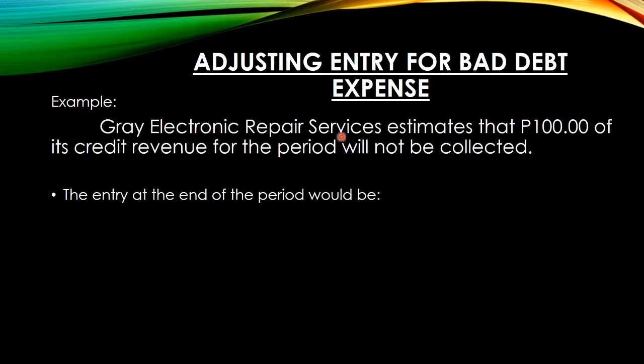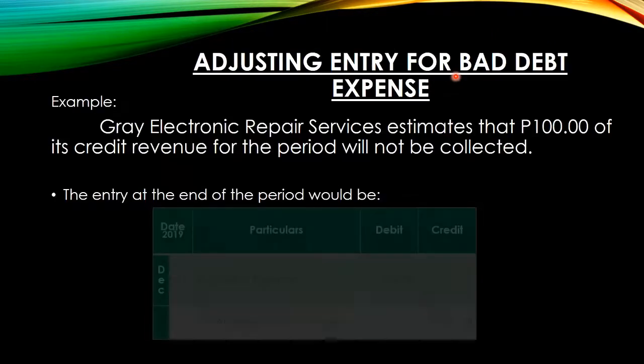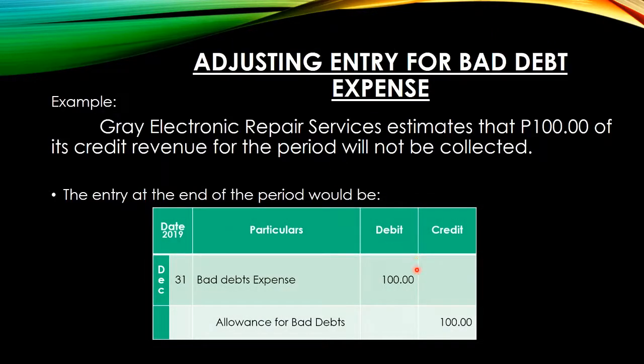So there's no need, okay, for you to compute. It is explicitly stated here. So diretso na lang, we just follow the pro forma entry: debit the expense, and credit the contra asset. So bad debt expense 100 and credit allowance for bad debts, okay?